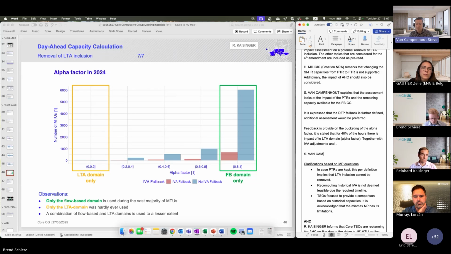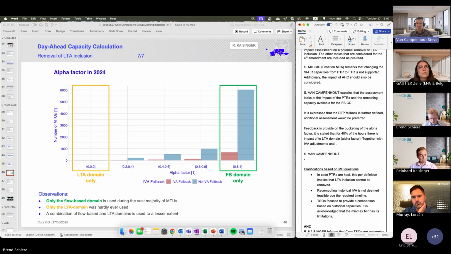Two perspectives for me are important to add into this debate, because it's not our objective to say we will have fully equivalent cross-zonal capacities with and without LTA inclusion, because it's not the right counterfactual. These are historical, non-coordinated bilateral values. Two points on that. One, the benchmark is not the same. It's lower. You mentioned it yourself, the German-Austria border as an example.